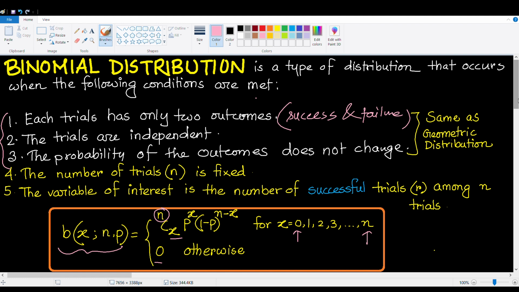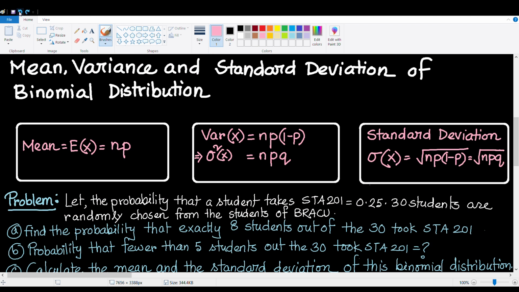Let's go and check what are the expectation or the mean, variance, and standard deviation of binomial distribution. The mean for a binomial random variable is np, where n is the total number of experiments and p is the probability of success in a single experiment. The variance is np times 1 minus p.